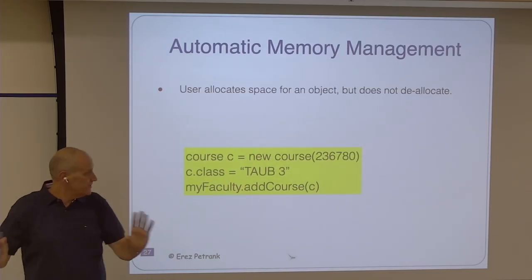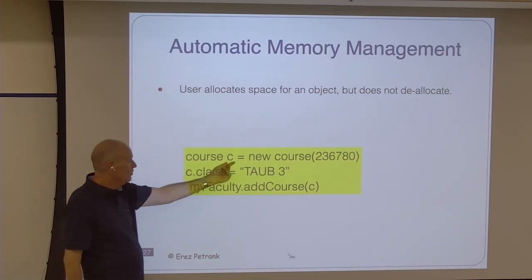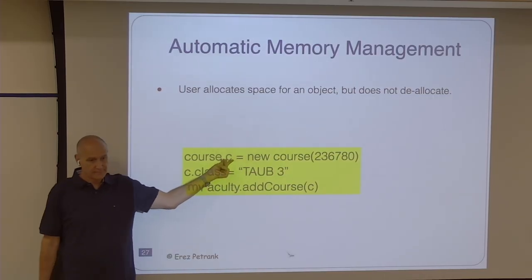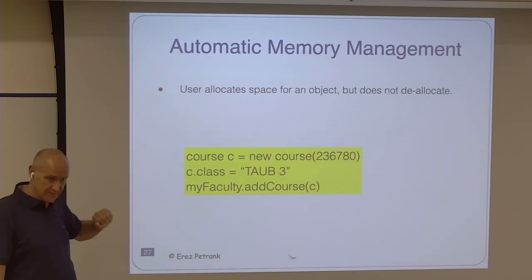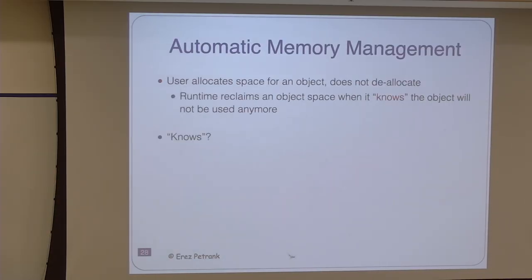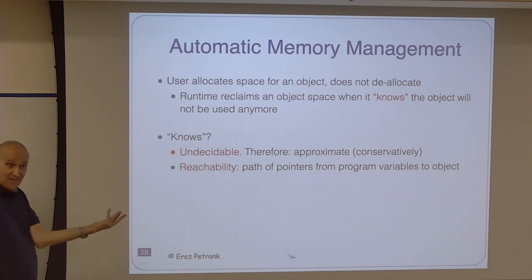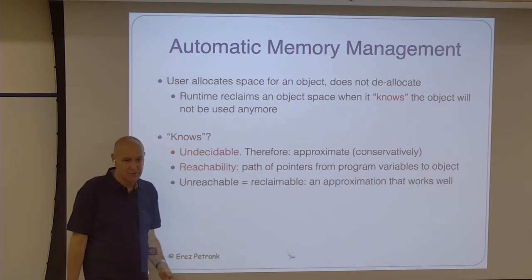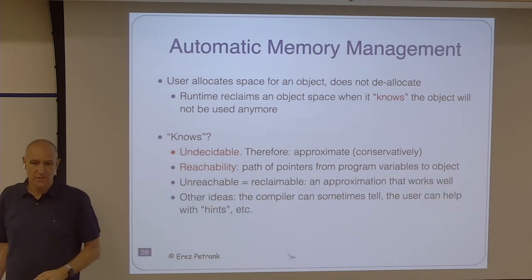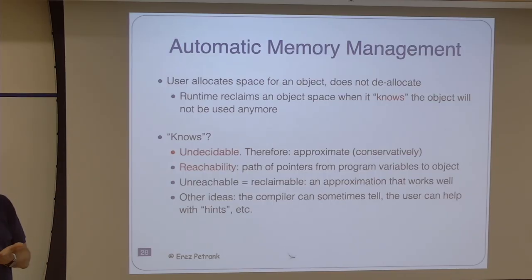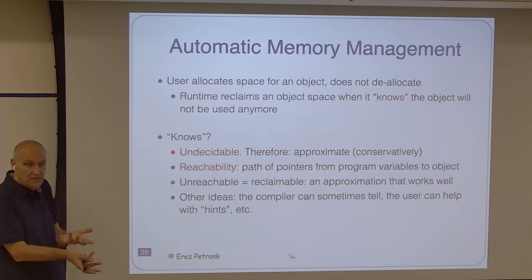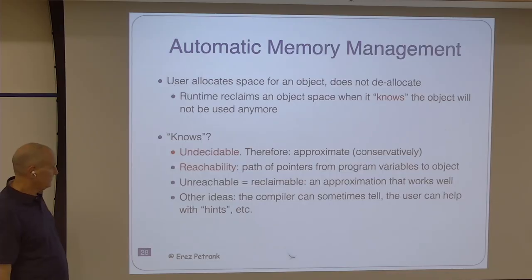There's no place in the program where we say free C. Therefore it's automatic. But how is it done automatically? It's just by reachability. We decide that something is reclaimable because it's unreachable. We can never get to it.